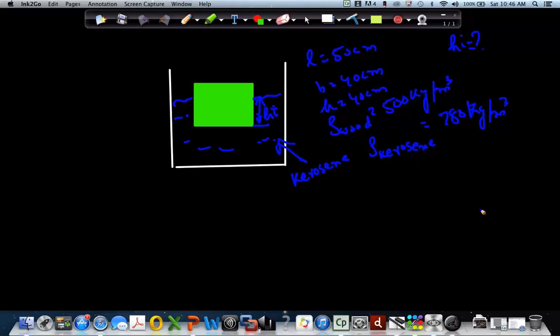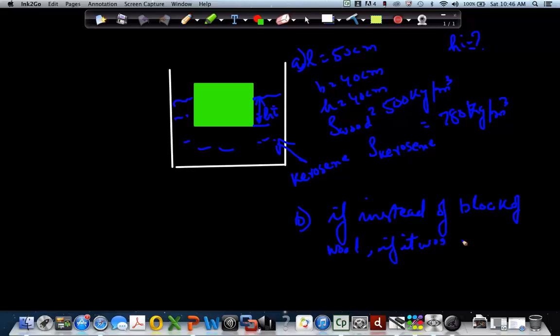Now, the other question which I have is that first you have to find hi. This is question number A. Question number B is, if instead of a block of wood, it was a block of iron, will it float?